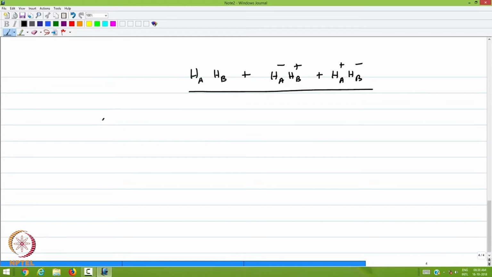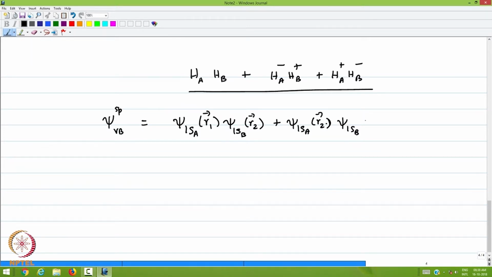If you write the valence bond spatial wave function, it starts with the probability that electron 1 is associated with atom A and electron 2 is associated with atom B, and of course the interchange of the two indistinguishable electrons gives the other term, psi 1s A of R2 times psi 1s B of R1.